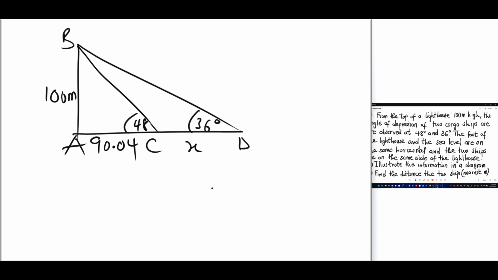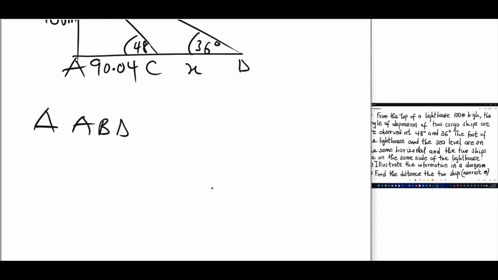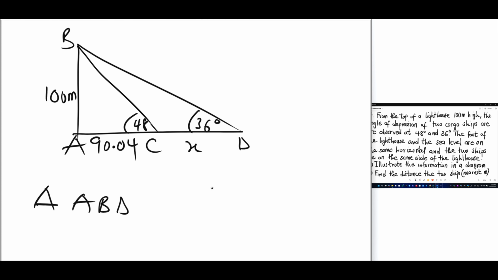So what do we do? We now consider triangle ABD, the bigger triangle, and we have to apply one of the trig ratios. We always work with the right angle triangle. You can never use angle BCD.